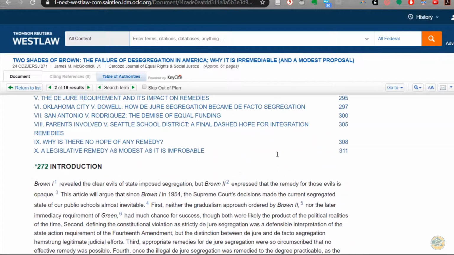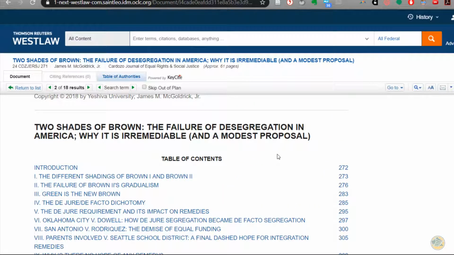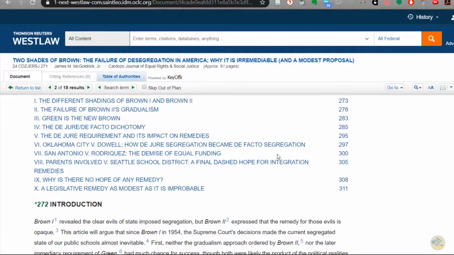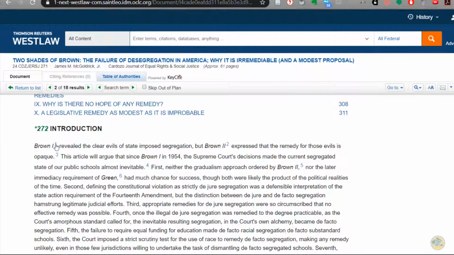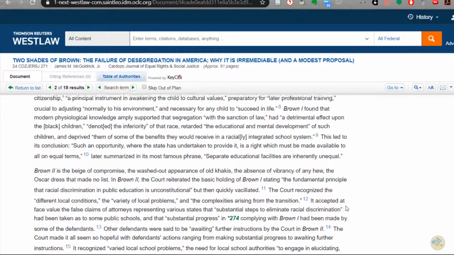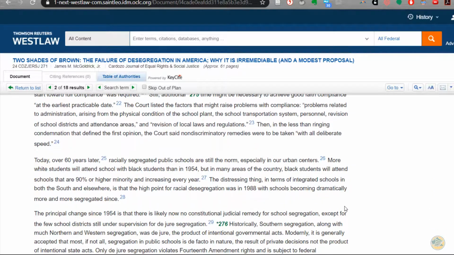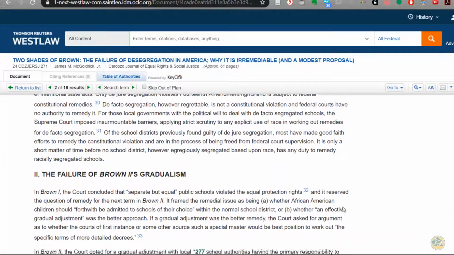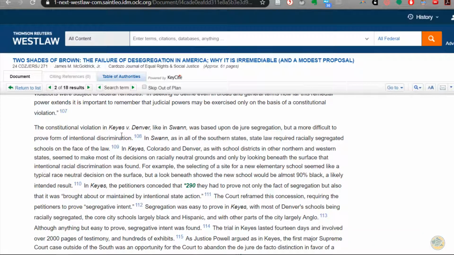Now notice that here at first they're talking about Brown 1 and Brown 2. These are court cases, and you'll see here in the footnote is the actual name of which case they're referencing. Now you may be asking yourself, what does this have to do with Keyes? So as we scroll down, you'll see that here we have Keyes versus Denver and Keyes in Colorado and Denver.